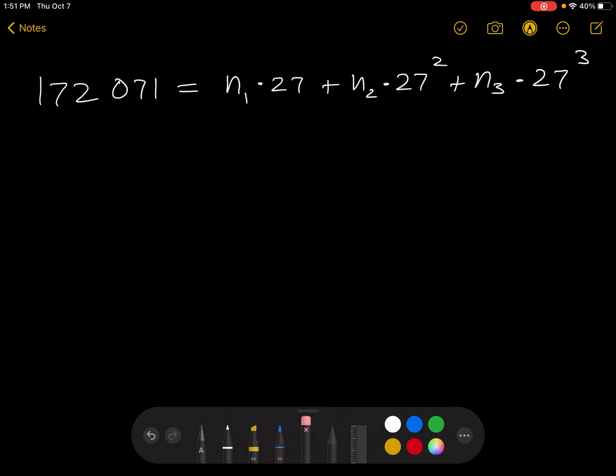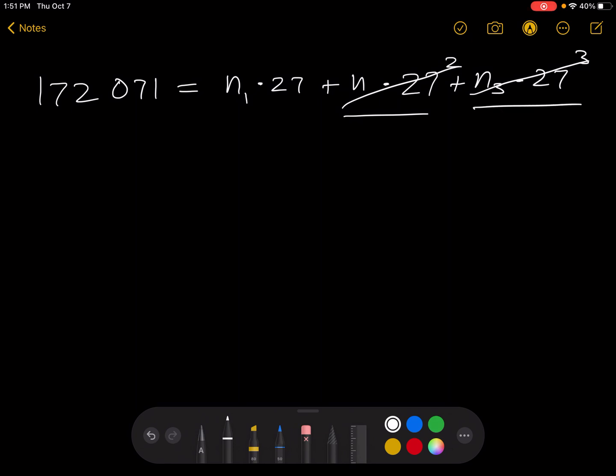Okay, so if we look at this equation mod 27 squared, then this becomes 0, this becomes 0, and this becomes 0. This becomes 0 because 27 squared is congruent to 0 mod 27 squared.